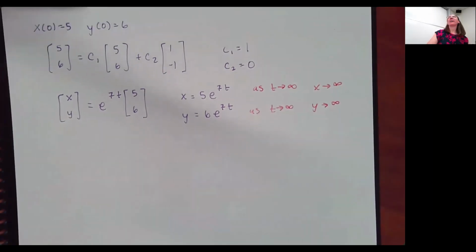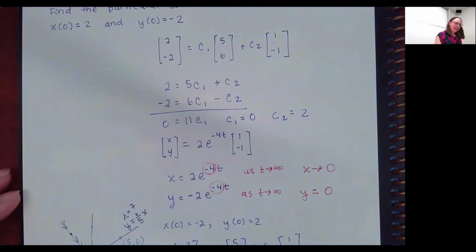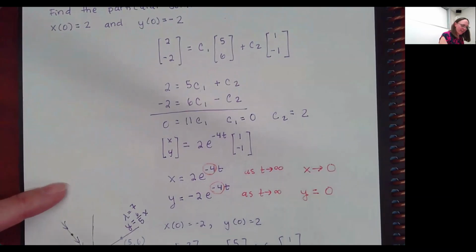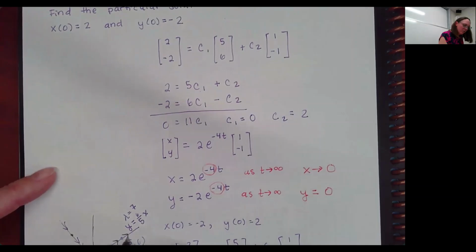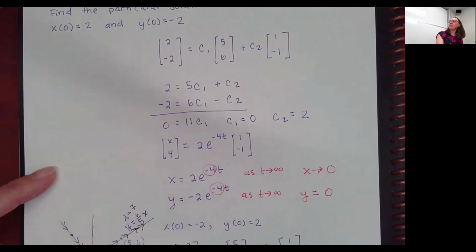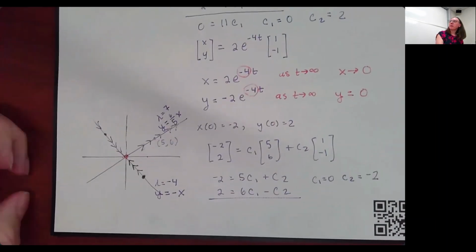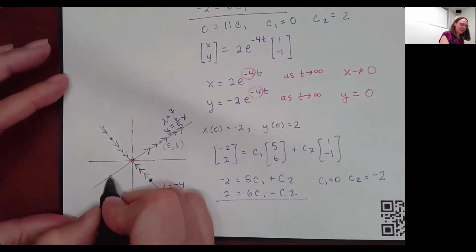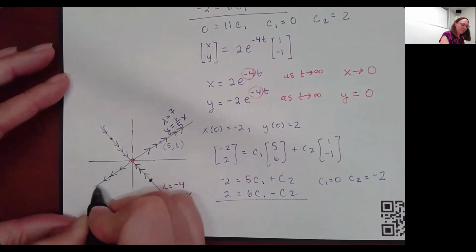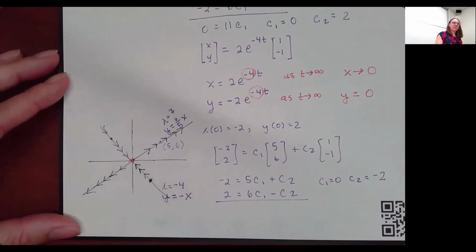So when I go back and I look at my plane over here, if I start at this point on this eigenline, I get pushed out towards x is infinity, y is infinity. And if you're willing to believe me for a second, if I pick a point down here, I'm going to get pushed towards negative infinity, negative infinity.